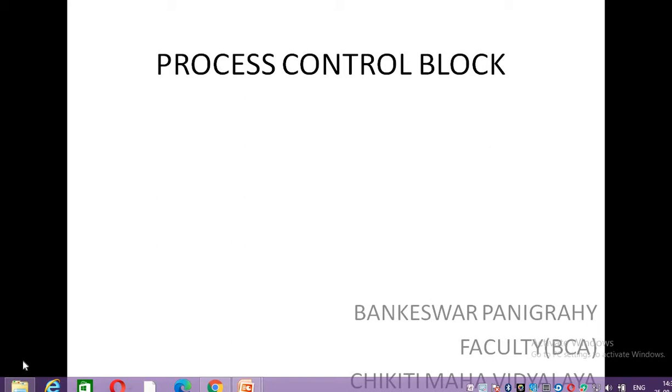In our previous class we discussed the process transition diagram: how the process executes inside the computer system, what the different steps are, and what the different states followed by a process to execute all its instructions.